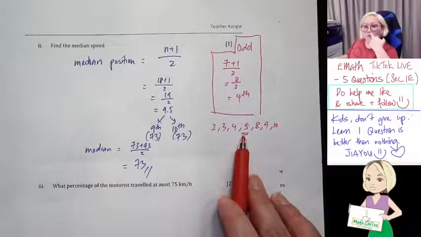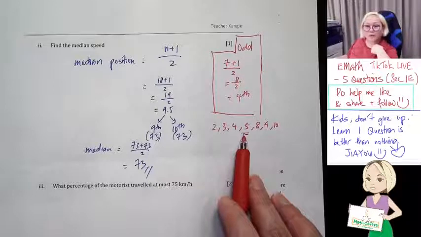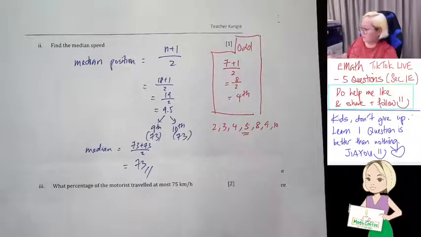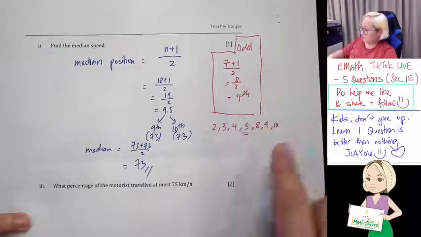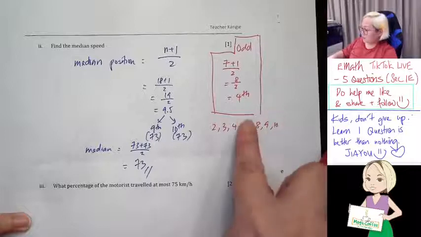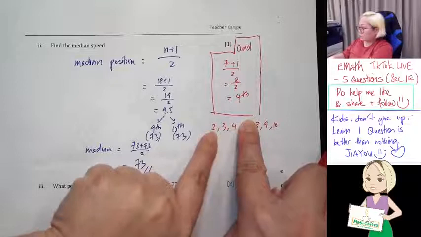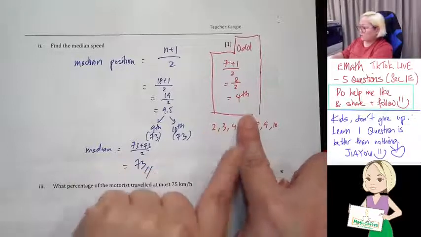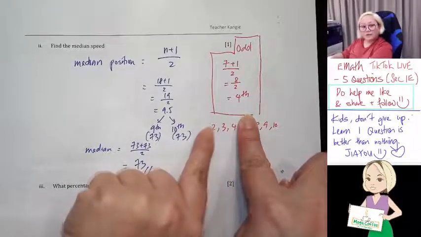Okay, teacher, what about for Q1 and Q3? Q1 and Q3 are the lower quarter and upper quarter. But in Sec 2, you don't learn the lower quarter and upper quarter first. Just to let you know, for the lower quarter, you see here, after that you cover these two. You are left with 3 data, right?